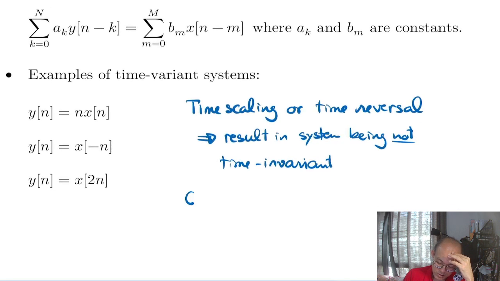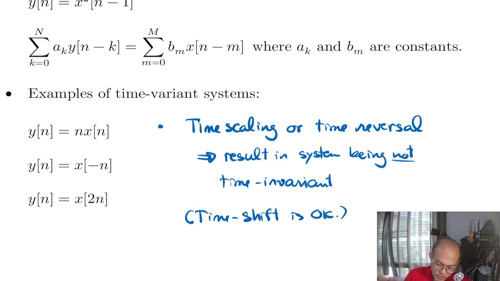But time shift is okay. Also, multiplying by n would give you a time variant system. Okay. All right.